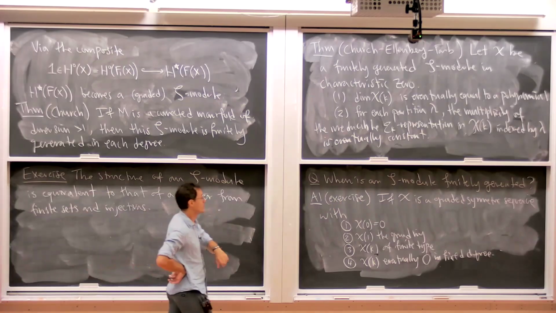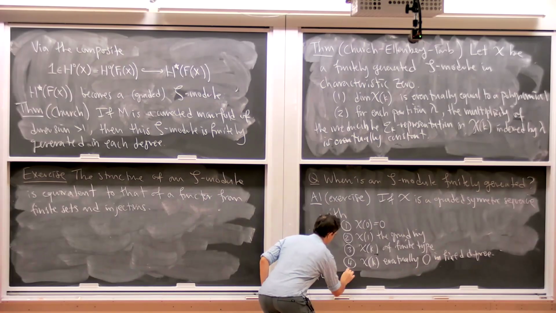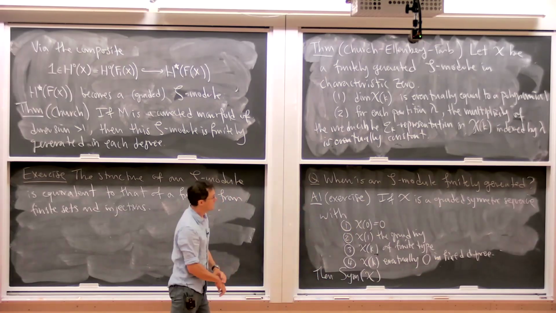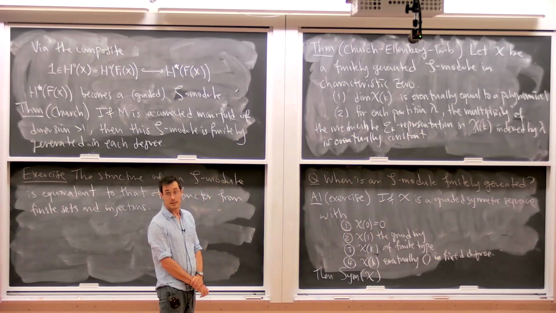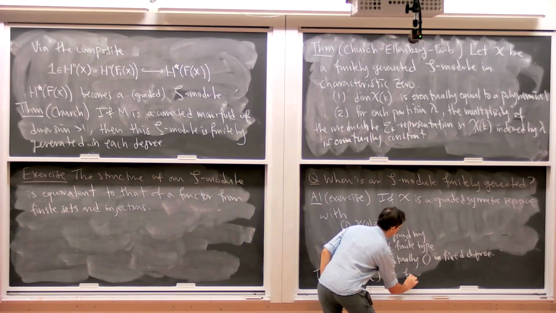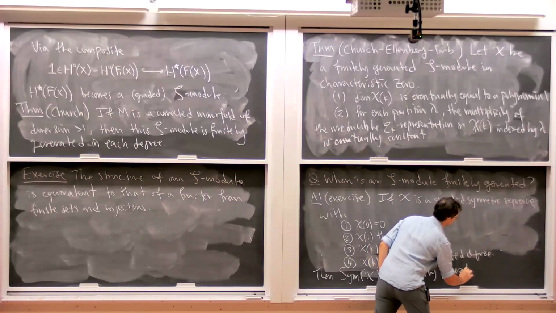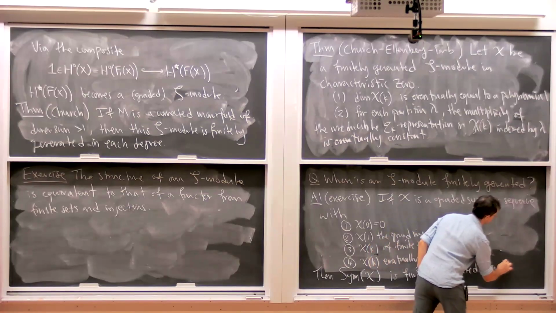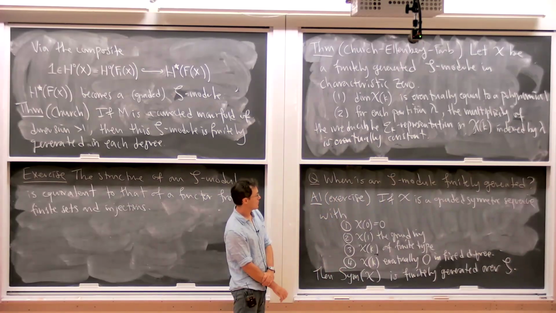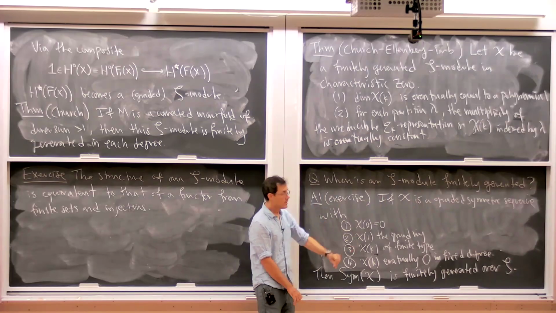Under those 4 conditions, the free twisted commutative algebra on X is finitely generated as an S module, where it gets an S module structure from this condition, X of 1 being the ground ring.